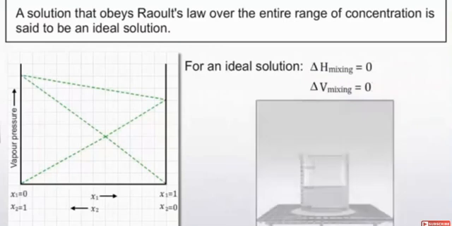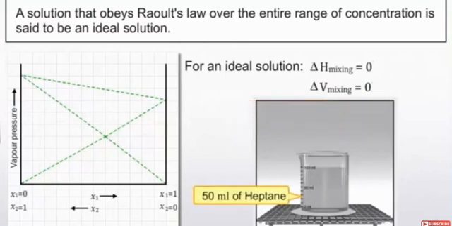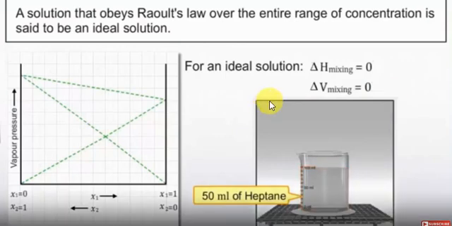For example, if 50 ml of hexane is mixed with 50 ml of heptane, the volume of the solution obtained is exactly 100 ml, and no heat is evolved or absorbed in the process.